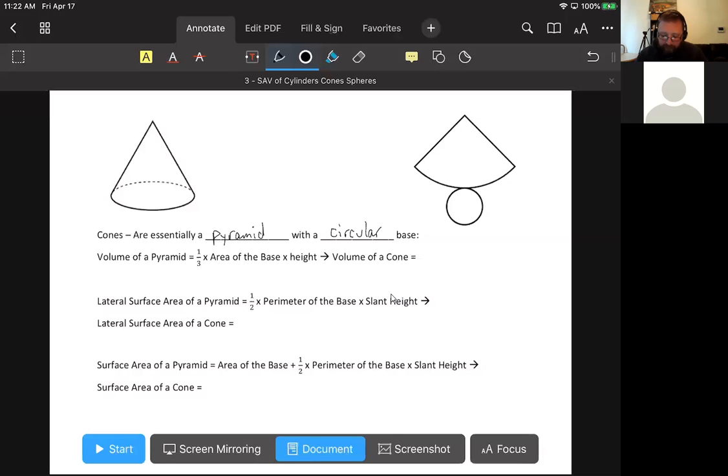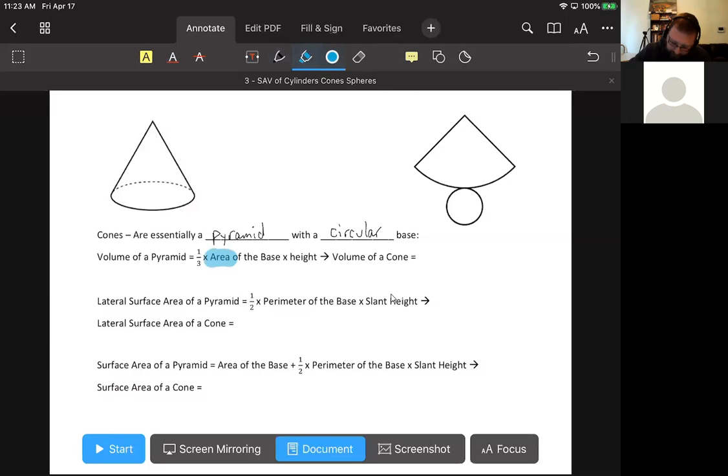Since the volume of a pyramid is 1/3 times the area of the base times the height, we can look at this and say to ourselves, okay, since the base is a circle, the area of the base would be pi r squared. We talked about that earlier.